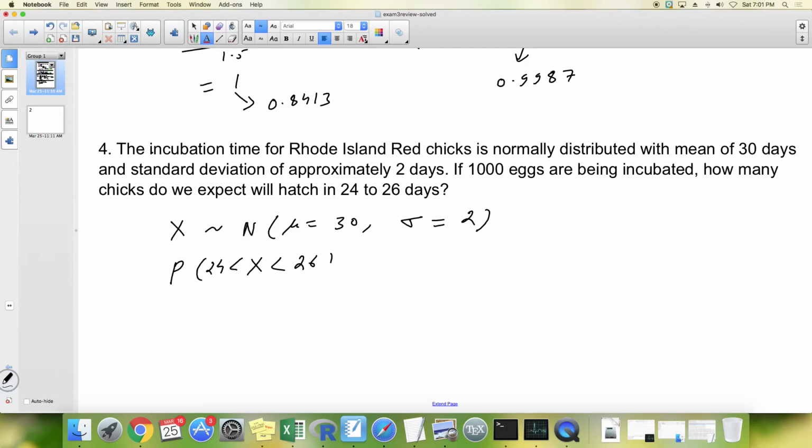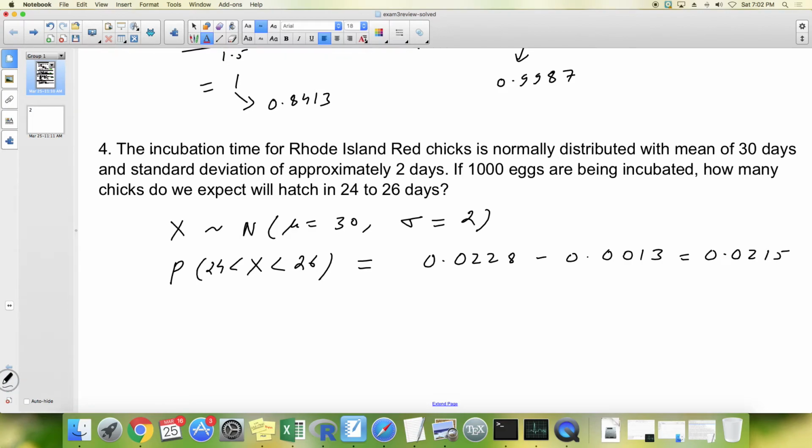So you can find the z-score of 26 and z-score for 24, and then find the probability from the z-table, and then take the difference, and you shall find this to be 0.0228 minus 0.0013, which is 0.0215.